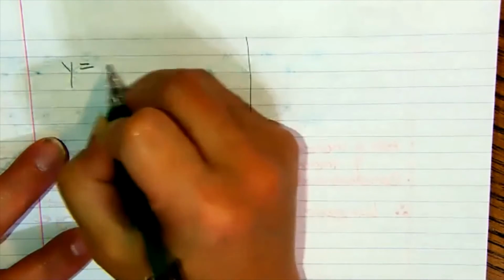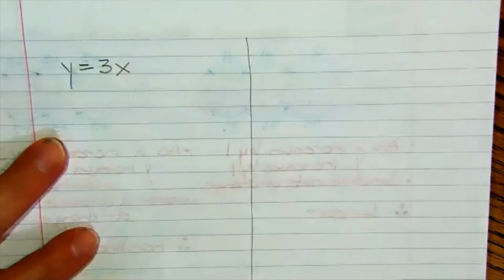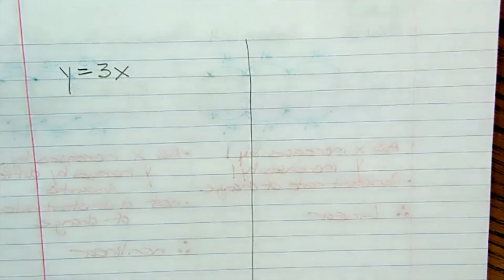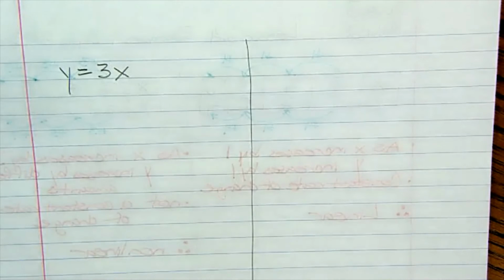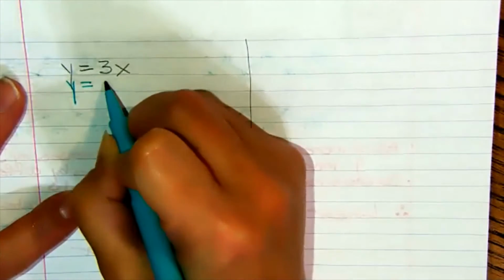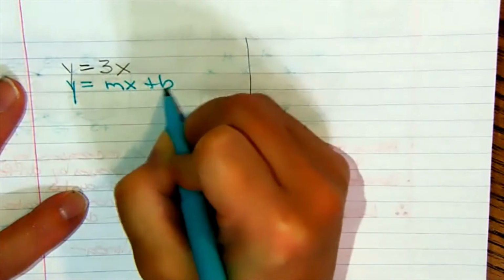Remember, the equations we give you are functions, but we want to know, are they linear functions or nonlinear functions? So, y equals 3x. Now remember, a linear equation in slope-intercept form looks like this: y equals mx plus b.